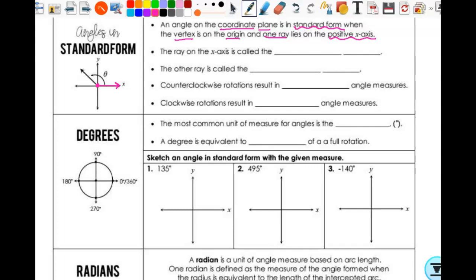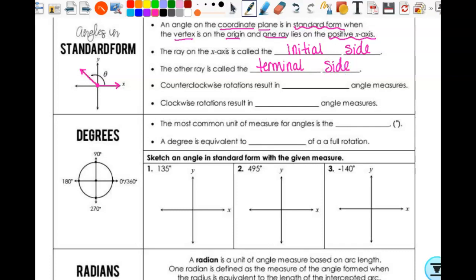All right, so this ray that lies on the x-axis is called the initial ray, the initial side. So then the angle opens up. The other ray is called the terminal side. So the initial side is where we start.